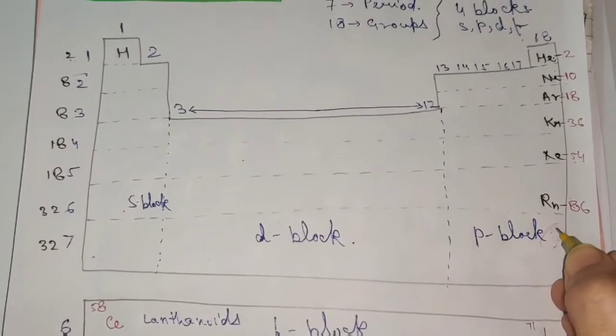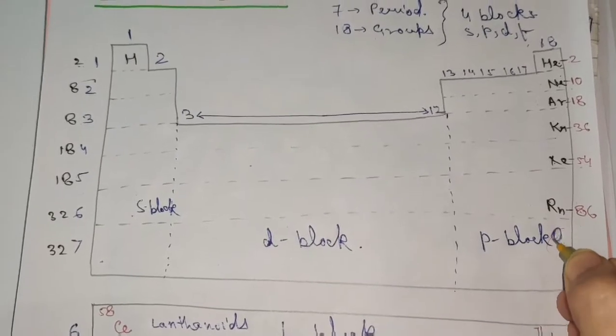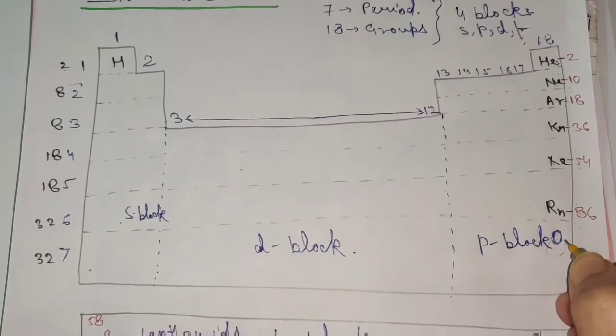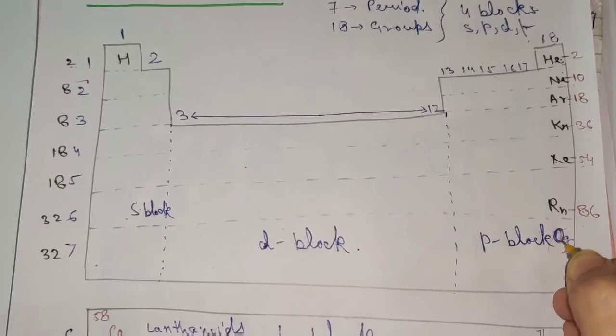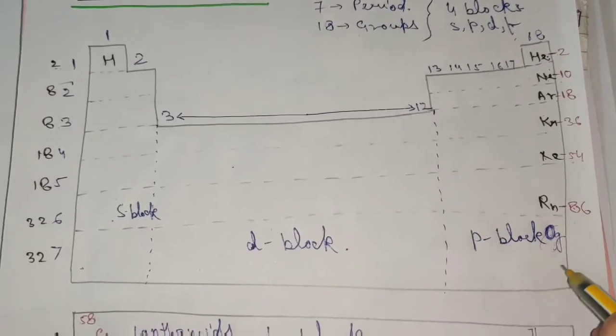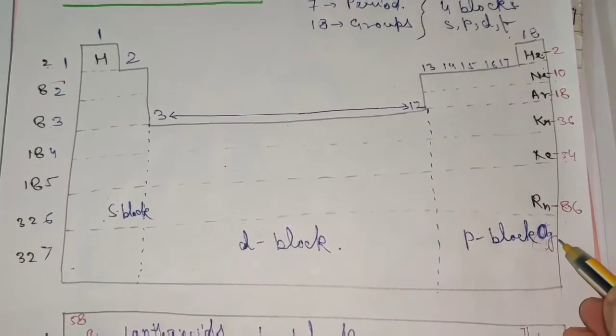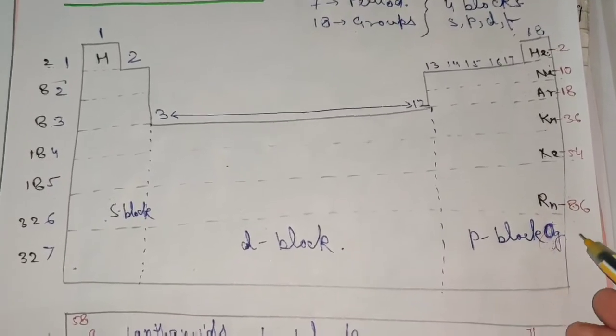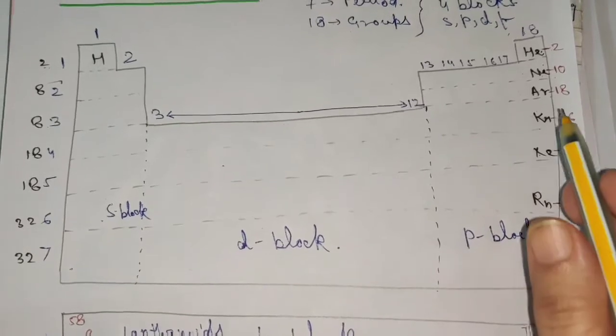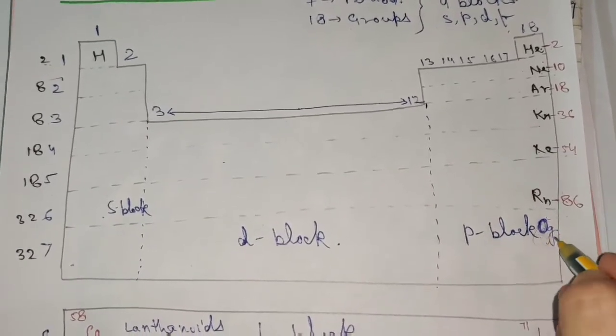This element is abbreviated as Og. So the one who has gone through this element must have come to know about this abbreviation or IUPAC nomenclature of this element Oganesson, which is Og.